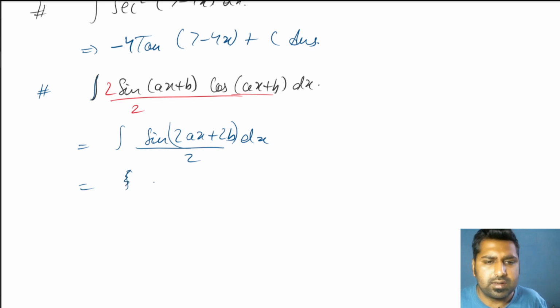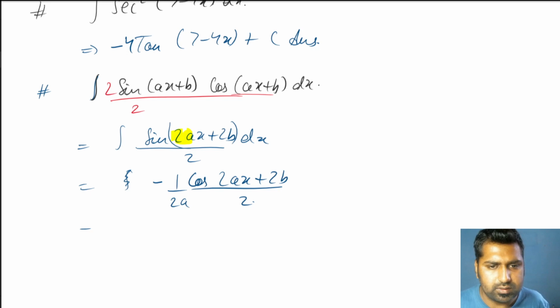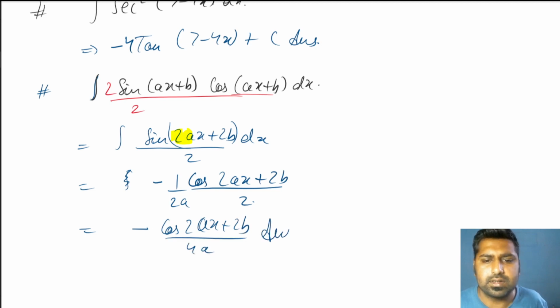Integration of sine is minus cos(2ax plus 2b) upon 2. Just put down the coefficient of x. What is the coefficient of x? 2a. So that will also come in division, so 1 upon 2a. So final answer: minus cos(2 times (ax plus b)) upon 4a, plus c, of course.